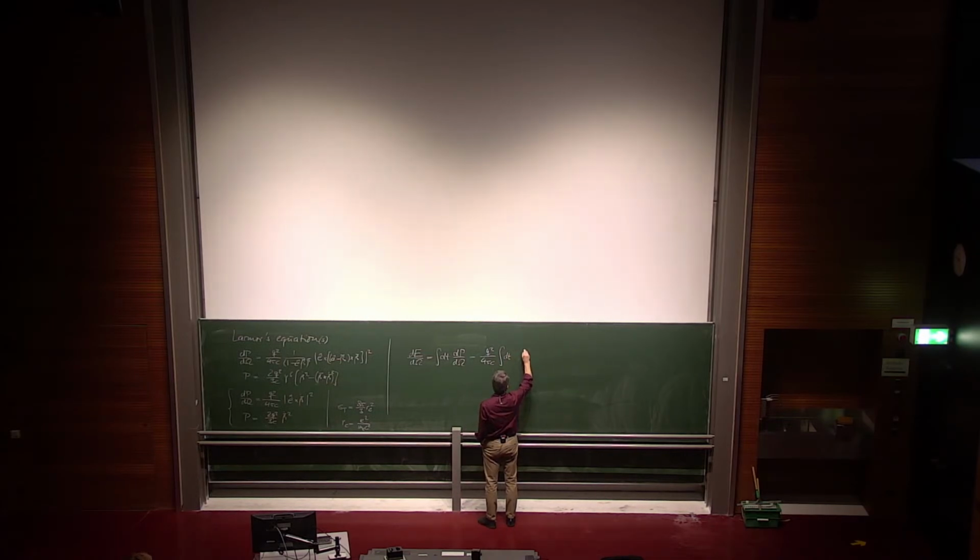So now I write 6 here, even though I wrote 5 here. The reason is, once more, that this is the Larmor power emitted by the source at the retarded time t prime.